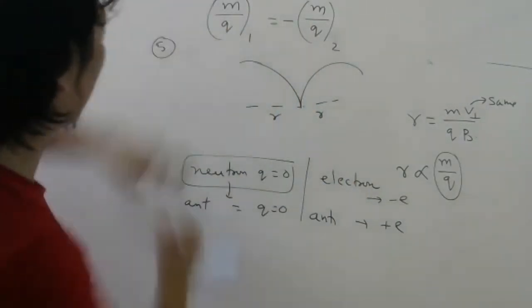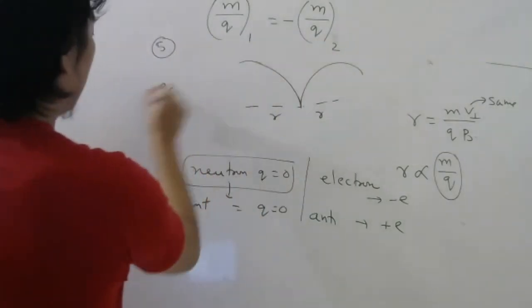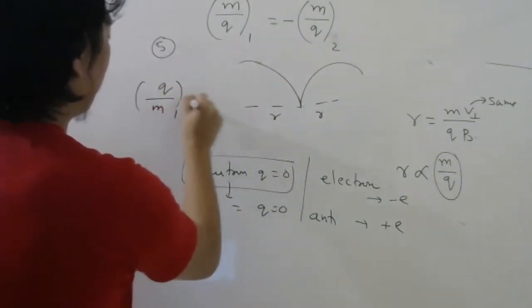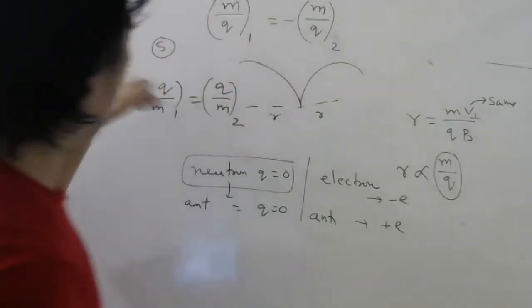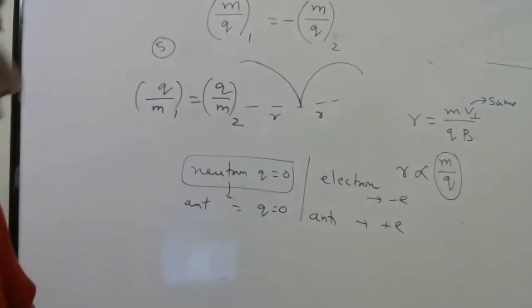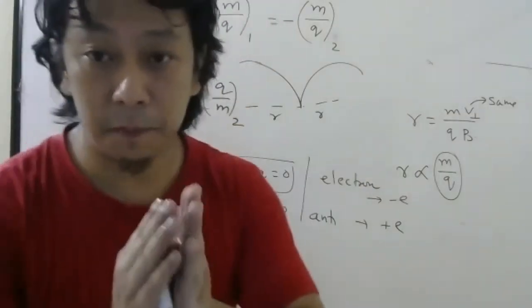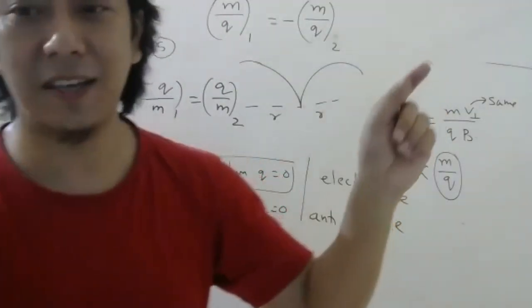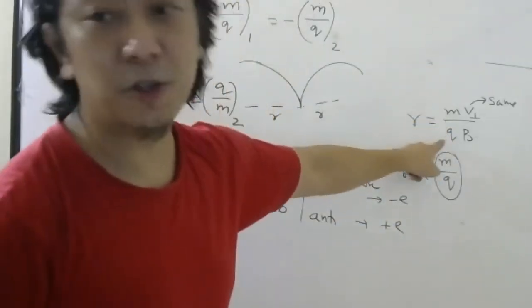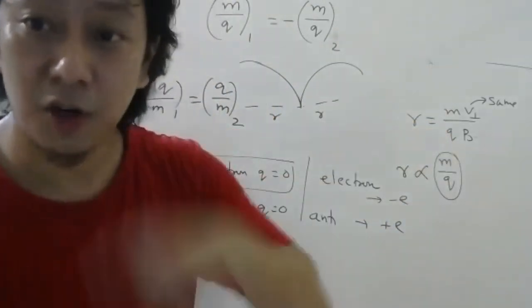Then you can take the opposite also. If this is same, q by m also will be same. So please remember, if the path is exactly identical, if the radius is exactly identical, mass by charge should be same. Not only charge, not only mass.